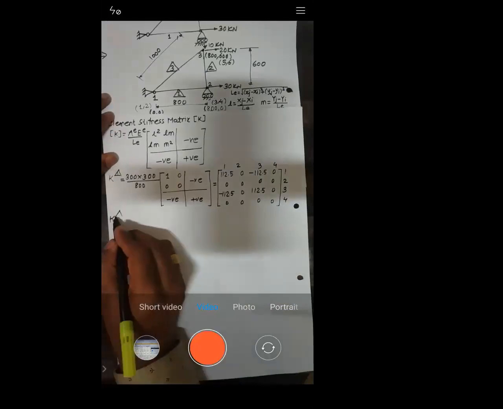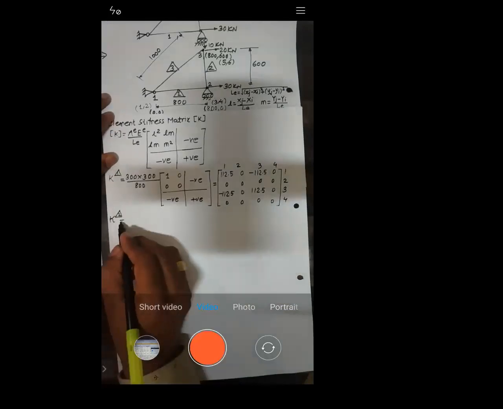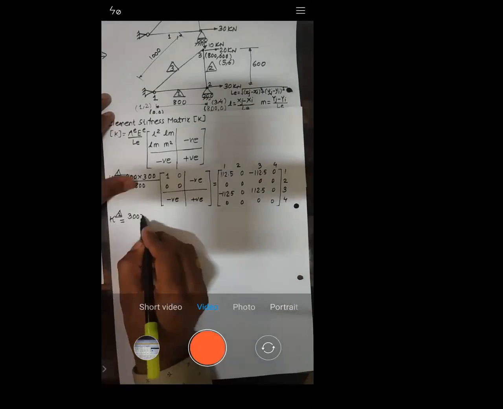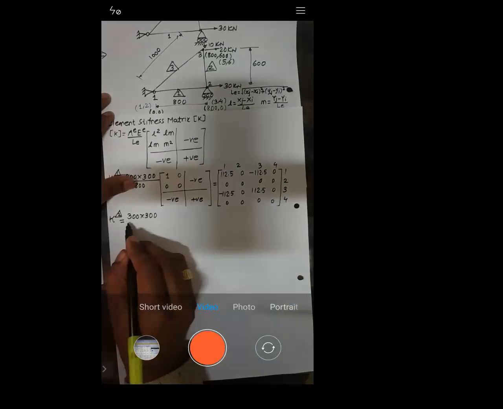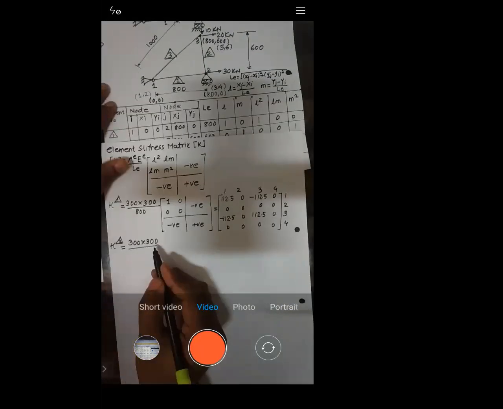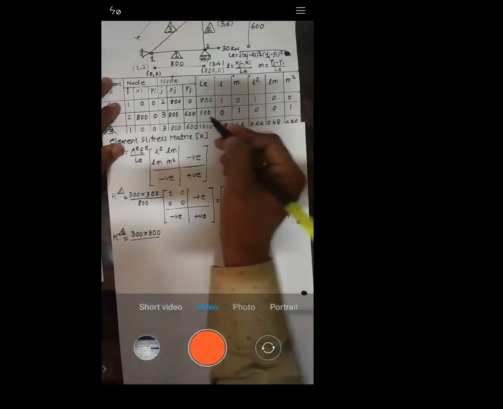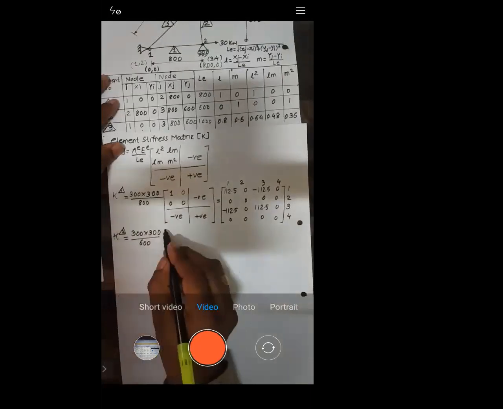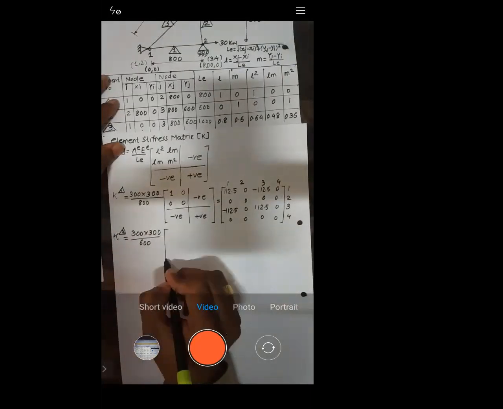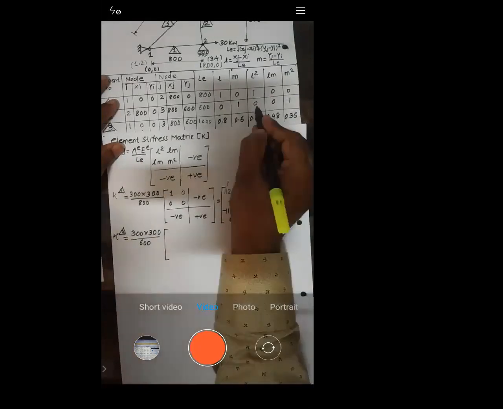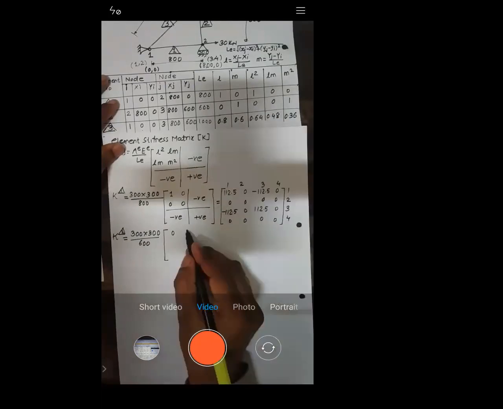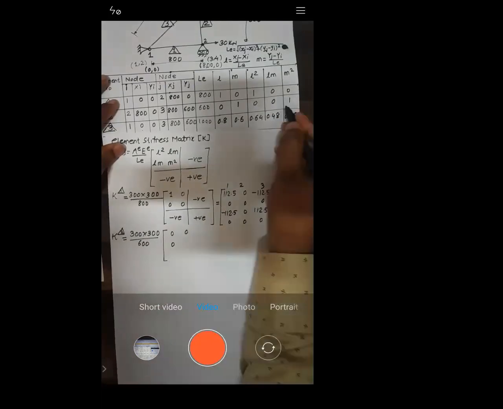Now let's derive the stiffness matrix for element number 2. The area of every element is the same, E is again the same, AE, but the length of every element is different. What is the length of the second element? It's 600. Into L square. What is L square? Here, L square is 0, LM is 0, and M square is 1.